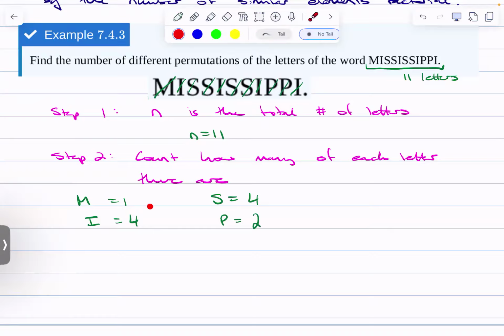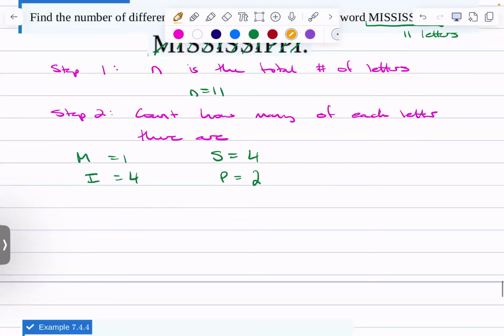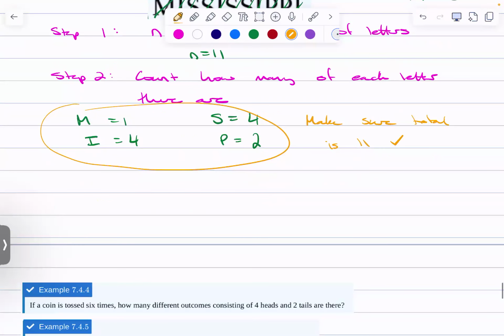You'll want to make sure that these all add to 11. They do. 8, 10, 11. So here, make sure the total is 11.